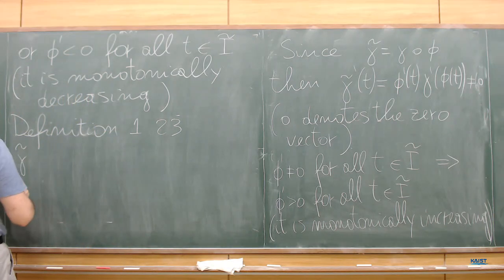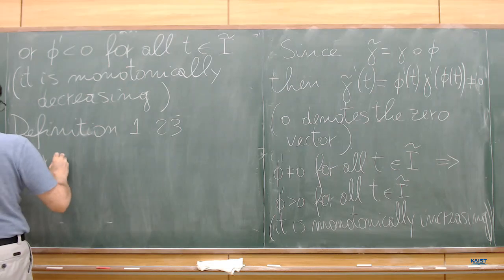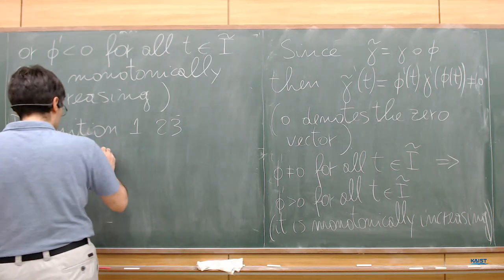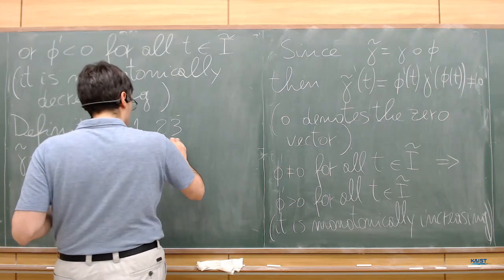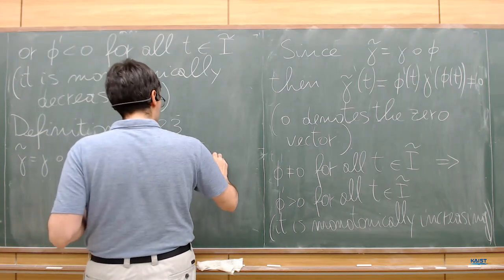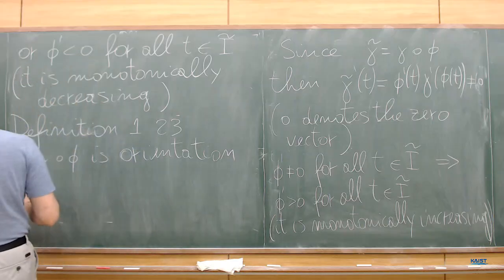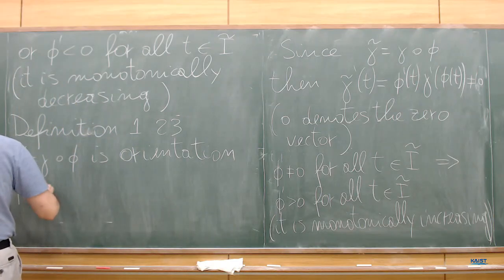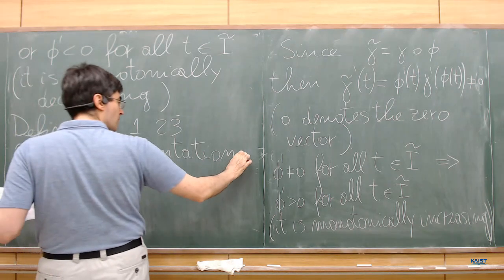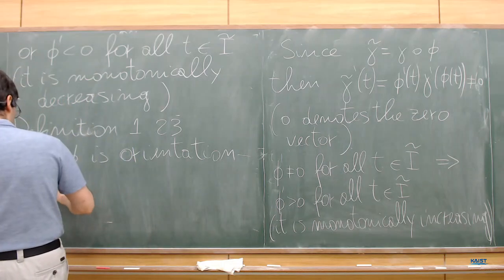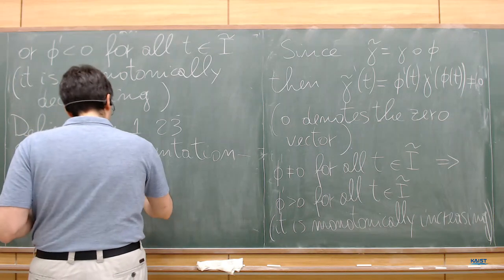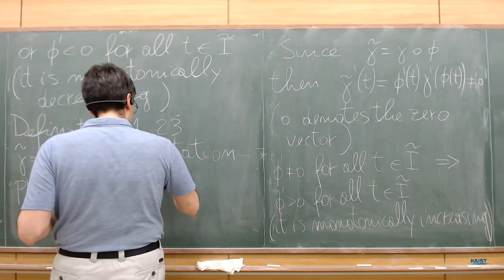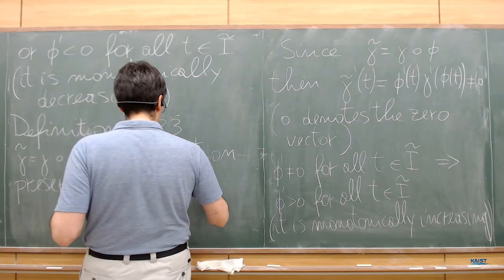Gamma tilde given by gamma composed with phi is orientation preserving if we are in the first case, that is phi prime is positive.